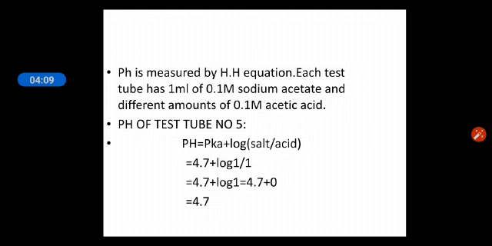Now pKa for casein is 4.7, plus log of salt and acetic acid in that test tube in which there is maximum turbidity and maximum precipitation, that is test tube number 5.